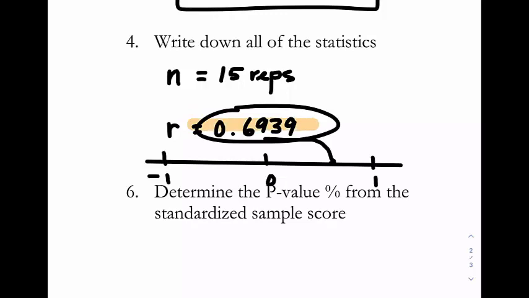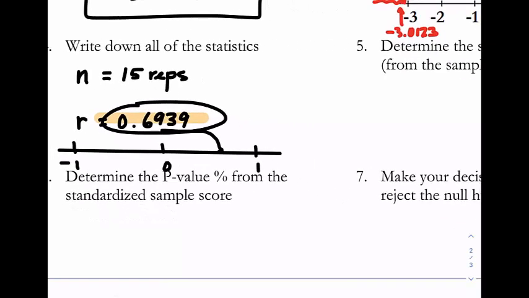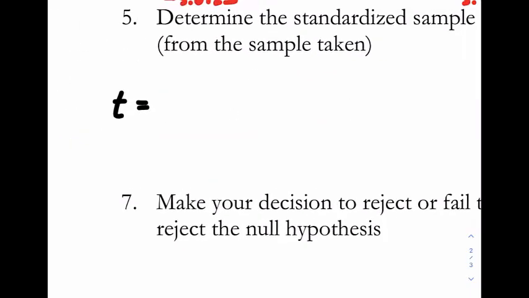So let's go ahead and standardize that number, slide over here and turn that into a t-value, back to step number 5. And again, the formula for that t is equal to, you're going to take that r value and subtract 0 from it.